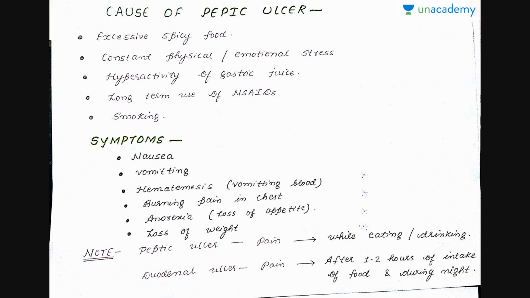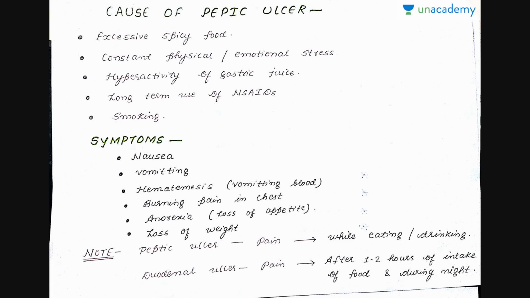The symptoms are nausea, vomiting, hematemesis, that is vomiting with blood, burning pain in the chest, anorexia, that is loss of appetite, and lastly loss of weight.